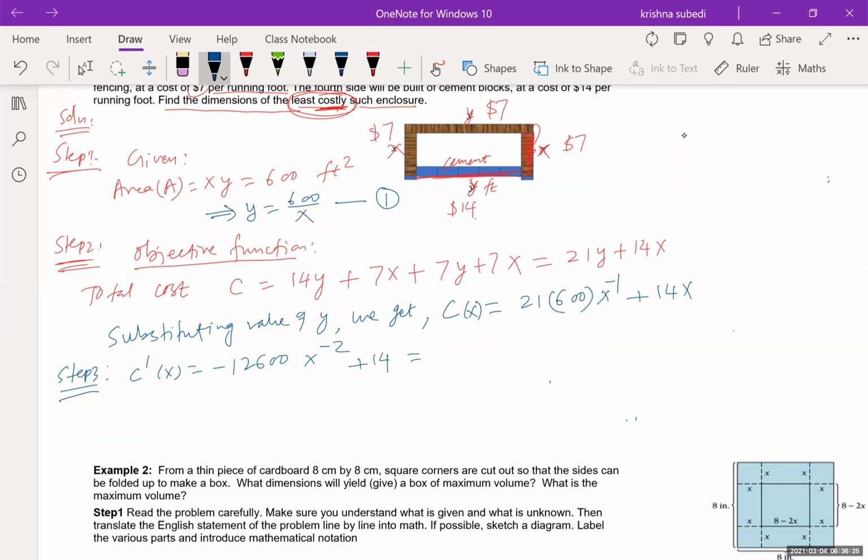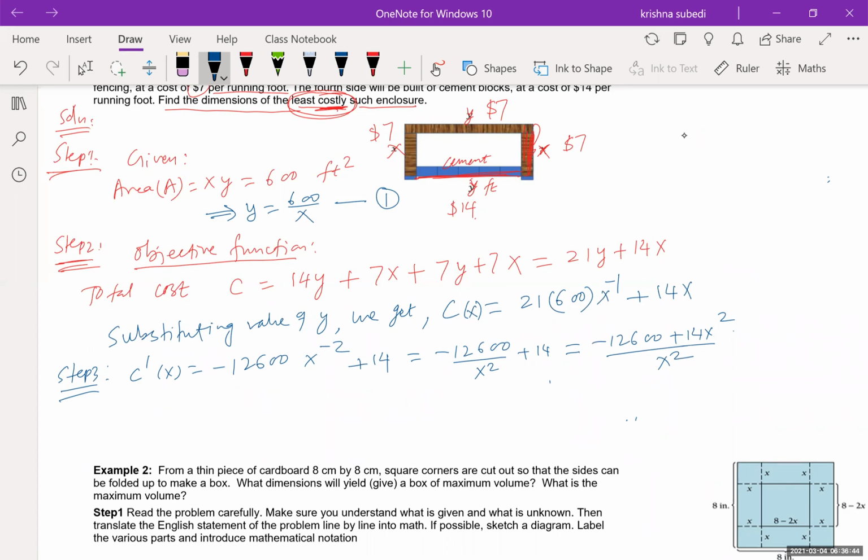So that's going to give me negative 12,600 over x squared plus 14, which gives negative 12,600 plus 14x squared over x squared. So this is my derivative.